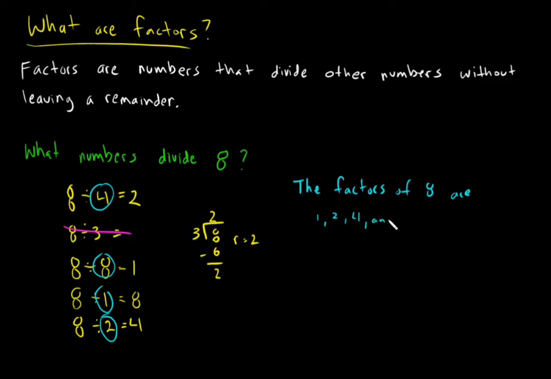That's simply what factors means: numbers that you can divide another number by and you will not get a remainder. All these 4 numbers divide 8 without giving us a remainder, so they are factors of 8.